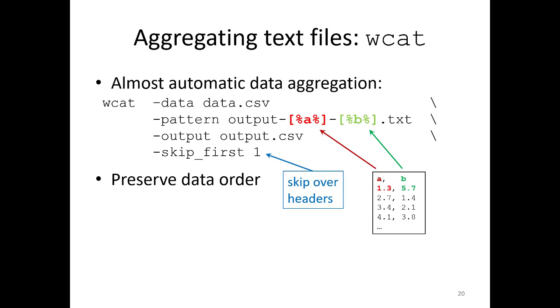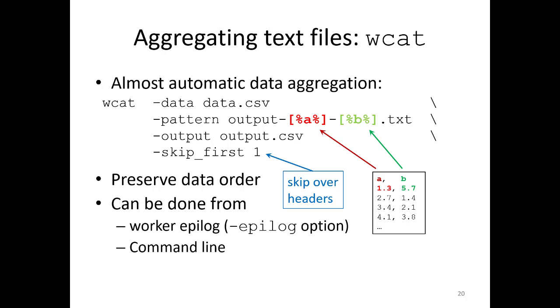And the nice thing is that the output in the final output.csv file will be in the same order as the data in your data.csv file. So the order is in fact preserved, it is respected. And you can do that either from the worker epilogue using the -epilogue option, or simply from the command line after your job has run.